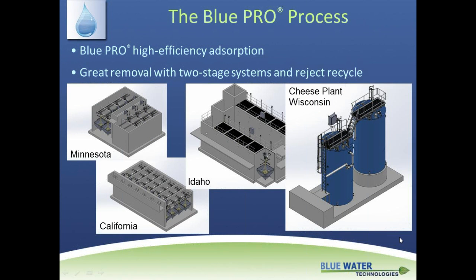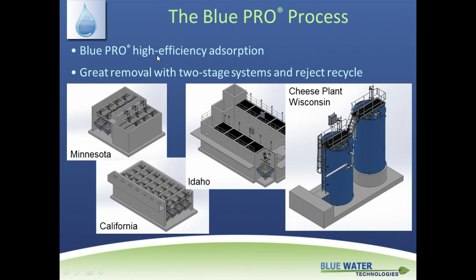Now I'm really going to focus on what sets Blue Water apart from other treatment technologies out there, and that's really the efficiencies that we can gain by integrating an adsorptive process into our treatment flow. So we use the Blue Pro process after that precipitation or clarification stage to adsorb all of these metals of concern to extremely low levels.